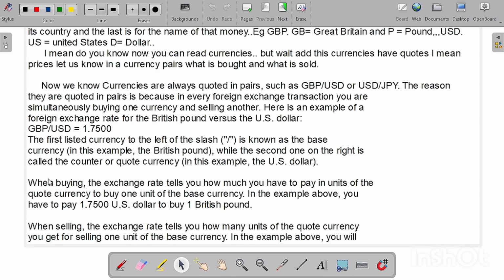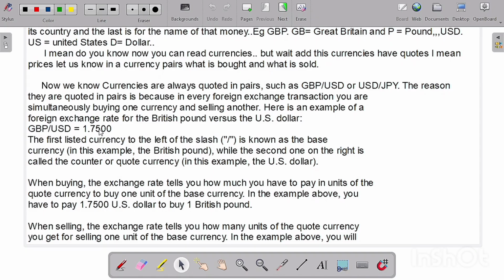So let's go on. When buying, the exchange tells you how much you have to pay in units of the quote currency to buy 1 unit of the base currency. Like here, we need 1.7500 to buy one Great Britain pound.